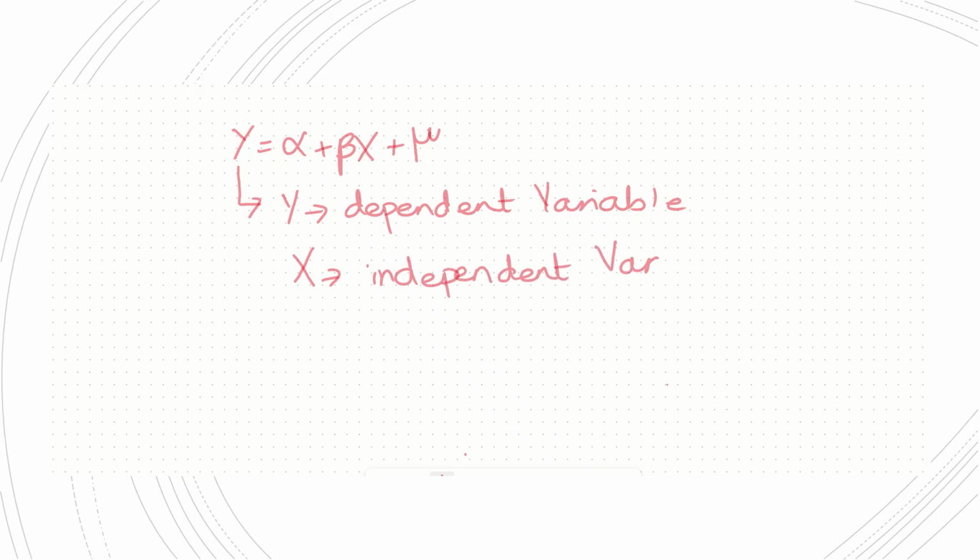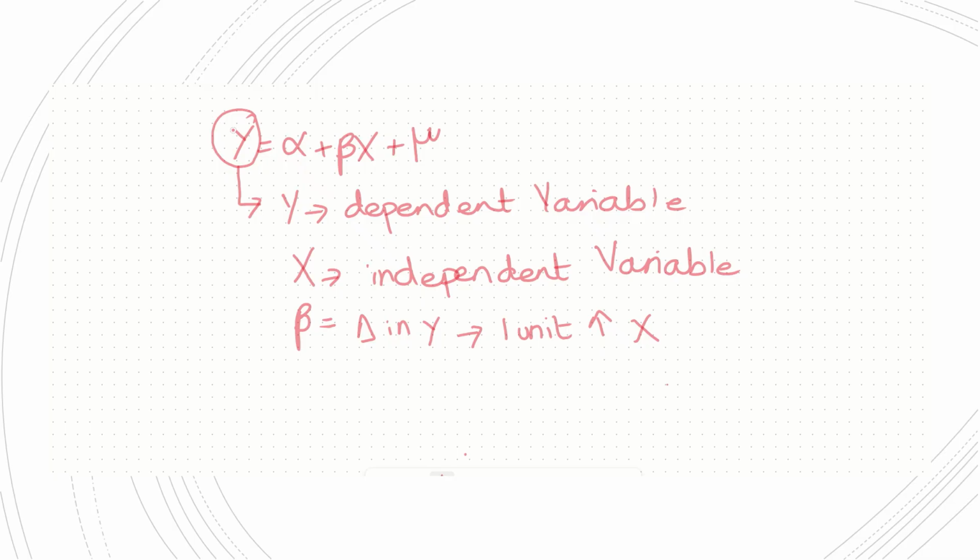And beta, the coefficient, or when I move towards multiple regression, we will have beta 1 or beta 2, or you can name it anything. So basically beta is telling you the effect of change in your dependent variable due to a 1 unit increase in your independent variable, which is x over here.